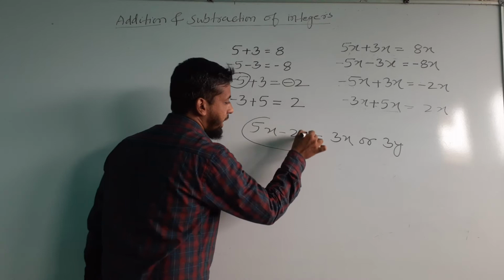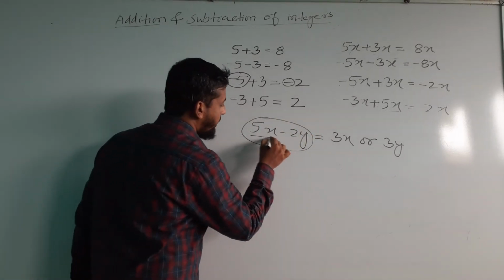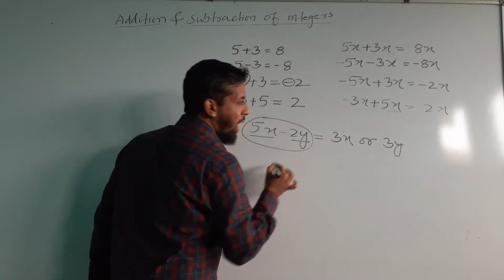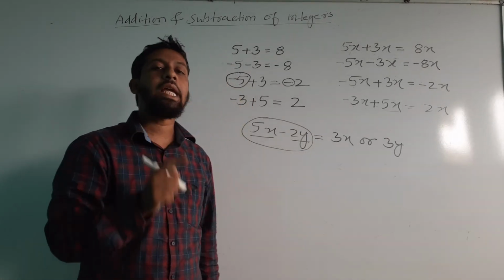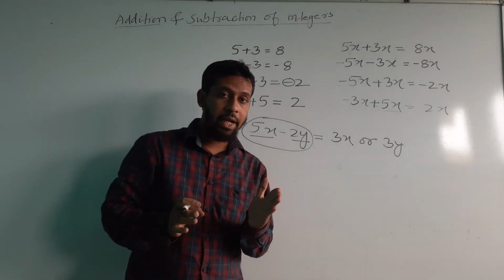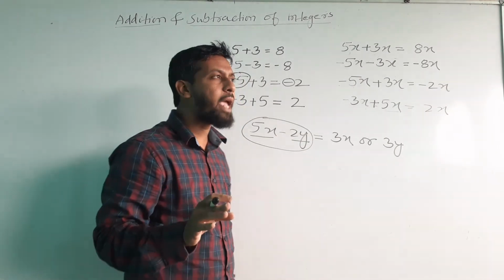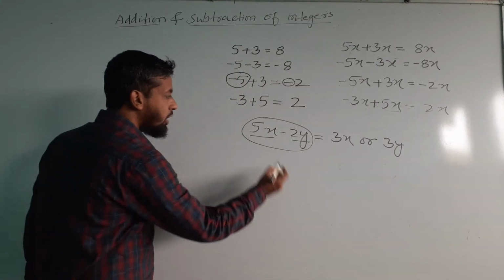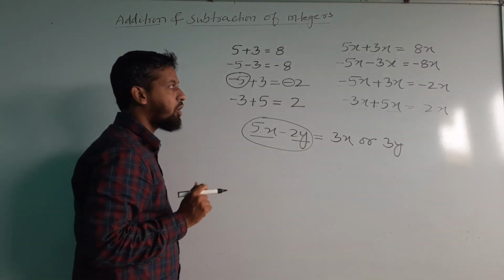How will you subtract the unlike terms? This is 5x, this is 2y. They are unlike terms. Keep in mind, this is important, only like terms can be added, can be subtracted. Unlike terms cannot be added, cannot be subtracted. These two are unlike terms.